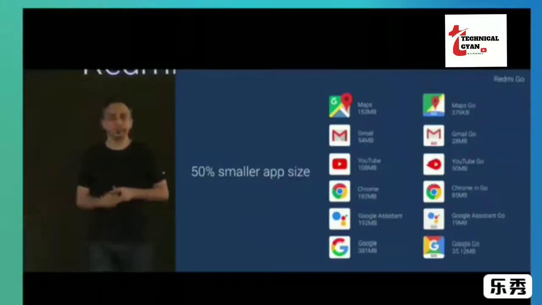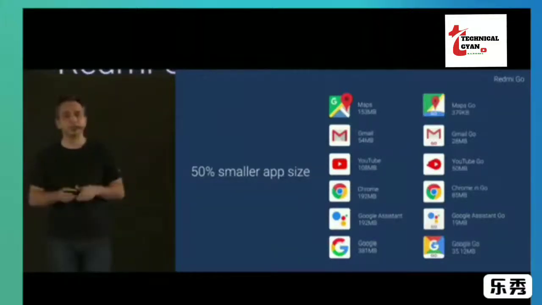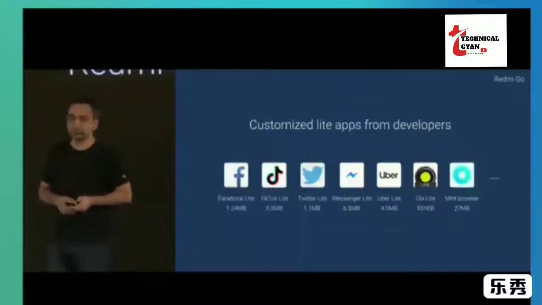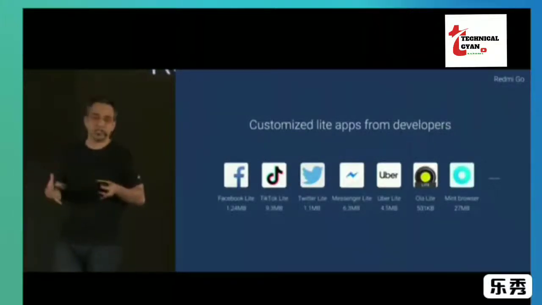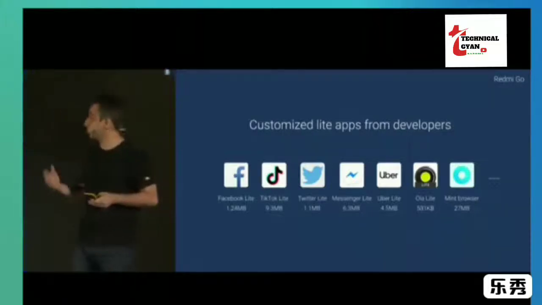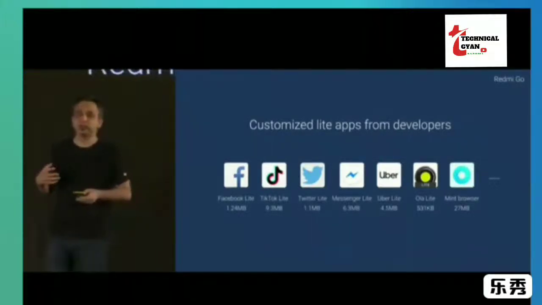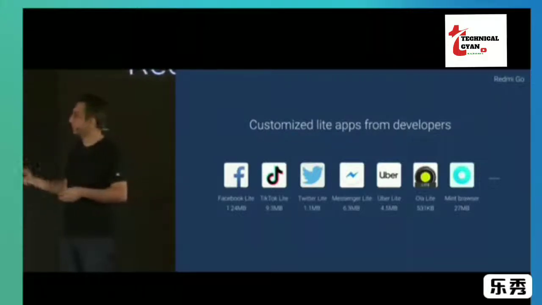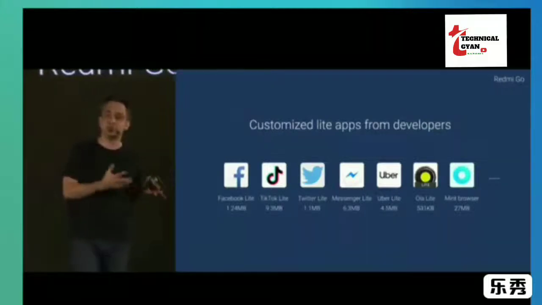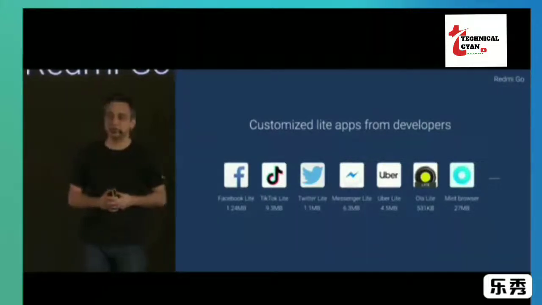And not just the Google Essential apps, but a lot of other developers have also worked on optimizing their apps. So you've got the regular social apps. You've got Facebook, you've got TikTok, you've got Twitter, Messenger coming in. Other essential apps like, for example, the cab apps, we've got Uber and Ola, both have a lighter version made for Android Go devices.